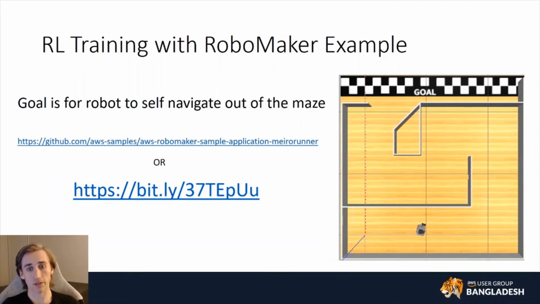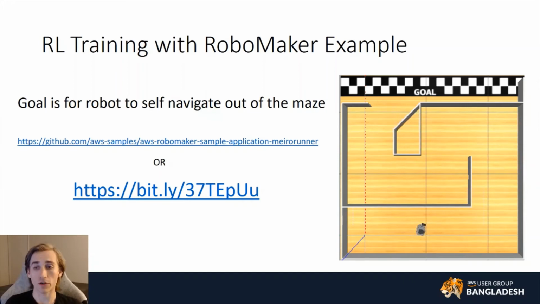But back to this talk in particular, the demo that we're going through is a little walkthrough of one of the sample applications we have up on our GitHub page for reinforcement learning and reinforcement training with RoboMaker specifically. So I have the link here and a bit.ly of that same link if it's easier for you to type in. So I'll leave this up here for a second, but really what this example shows is a robot teaching itself to navigate through a maze to a specified goal.